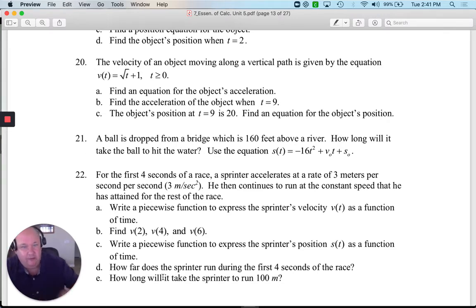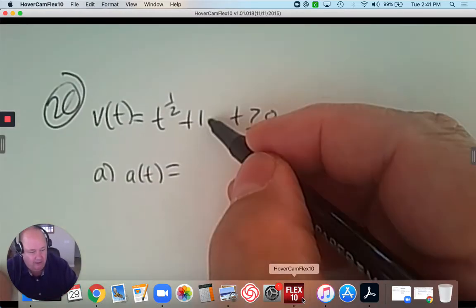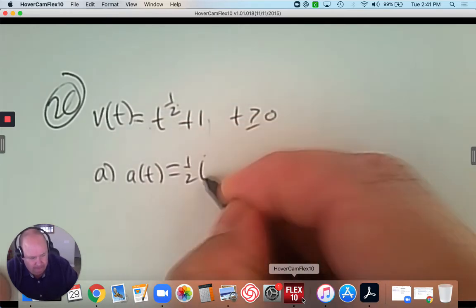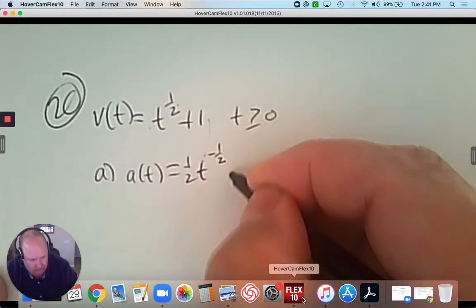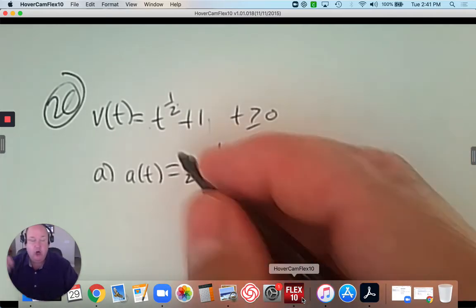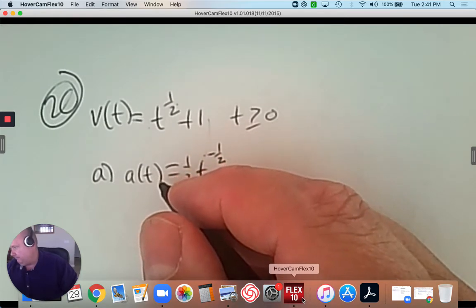So for the acceleration, I'm taking the derivative because I'm given the velocity. So I'm going to do the derivative. So that's 1/2 times 1, subtract 1 to the exponent, and the derivative of 1 is 0. So there's the acceleration. Know when you're doing the derivative or the antiderivative.